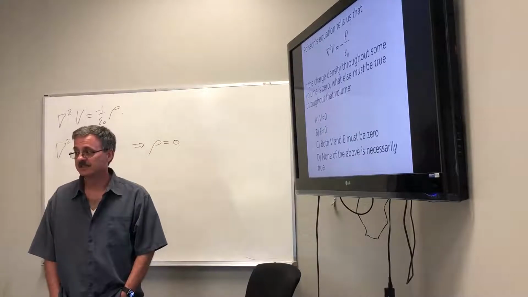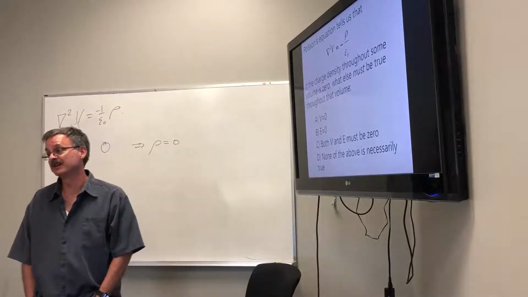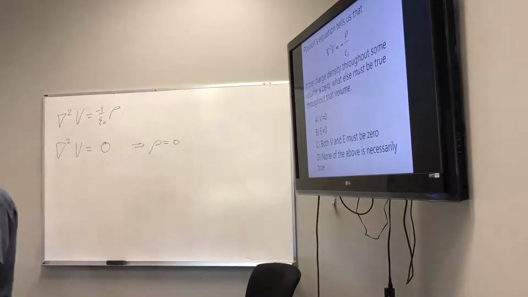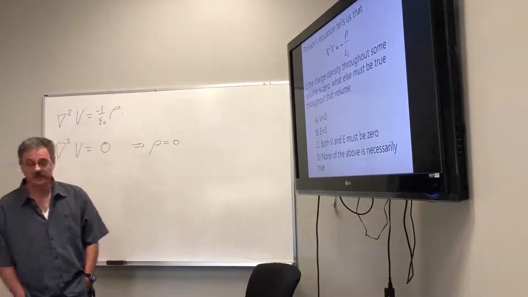It doesn't have to be 0. When is the second derivative 0? When the first derivative is a constant, which would mean the other one would be some function, right? Okay, so the potential doesn't have to be 0.